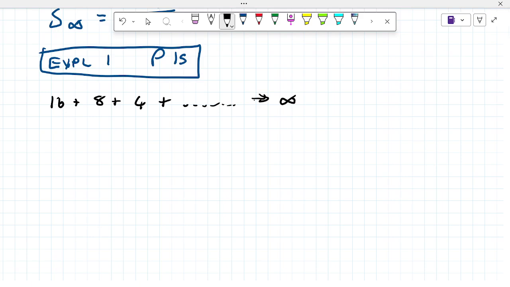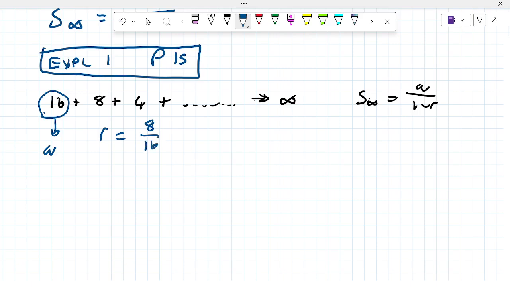Now to calculate this, the formula says the sum to infinity equals A over 1 minus R. So I need A, and A is 16, and R equals 8 divided by 16, which is a half. So all I do is say the sum to infinity equals 16 divided by 1 minus a half.